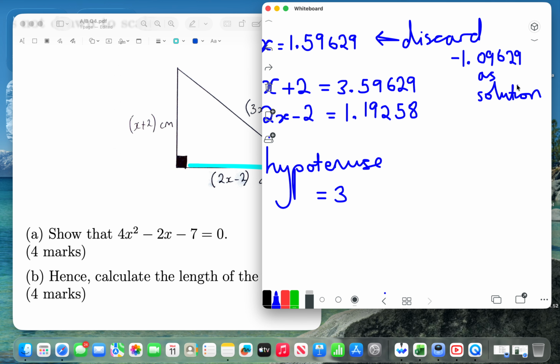And just explain what's happening. Say all sides must be positive.